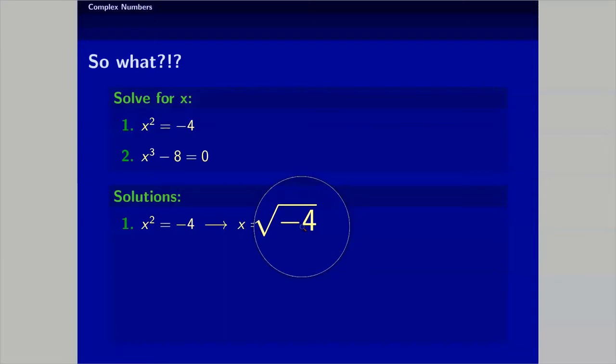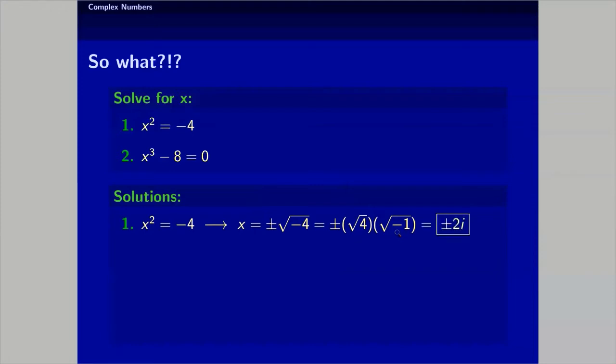It can be written as the square root of 4 times the square root of -1. But what is the square root of 4? It's 2. What is the square root of -1? It's i. So the values of x are positive and negative 2i.